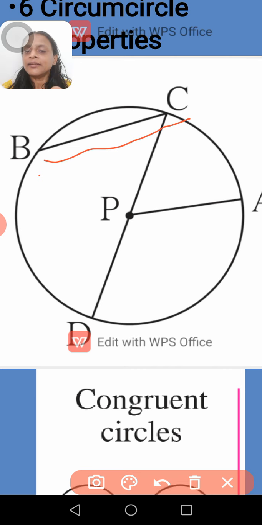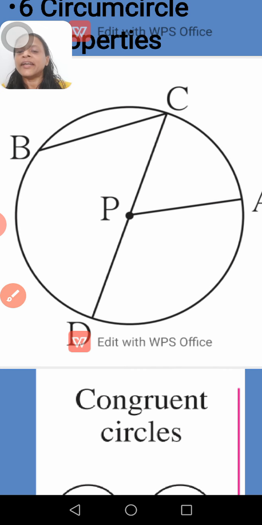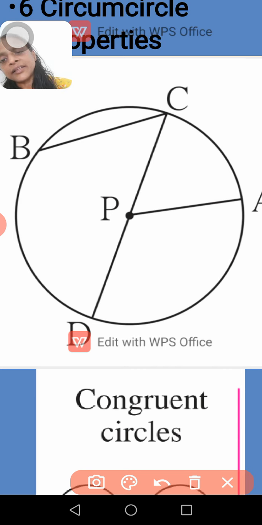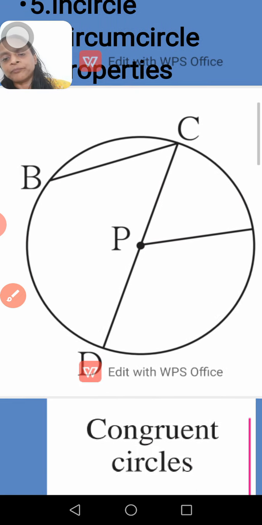Think, what is the speciality of CD? Yes, CD is a chord, but it passes through the center P. The chord which passes through the center is known as a diameter, and normally the diameter is denoted by the letter D.